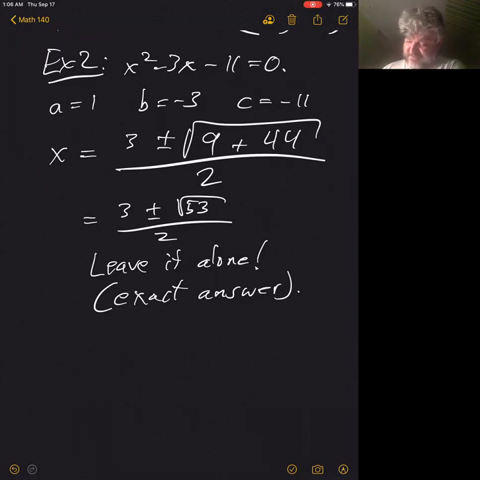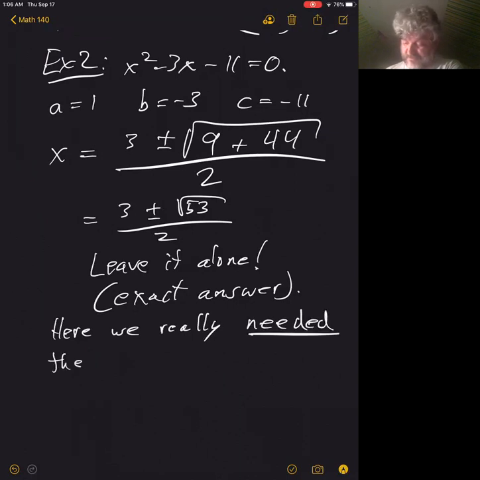Okay, so that's my second example, more complicated, when you really need the midnight formula, or quadratic formula.